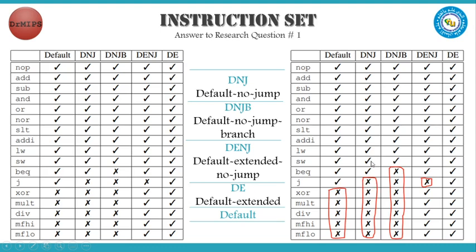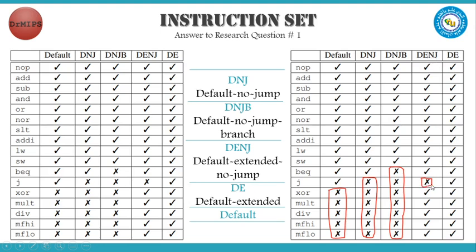So we have next default no jump branch. This instruction set also does not support branch equal to and jump instructions. In the next column we have default extended no jump. It means all these instructions are supported, but in addition it does not support the jump instruction.